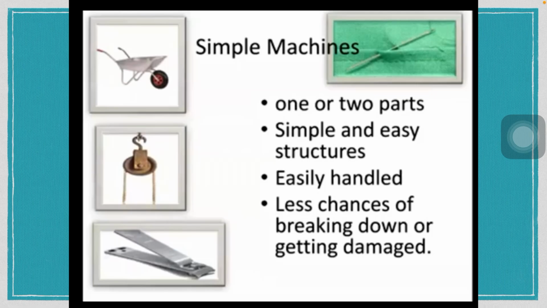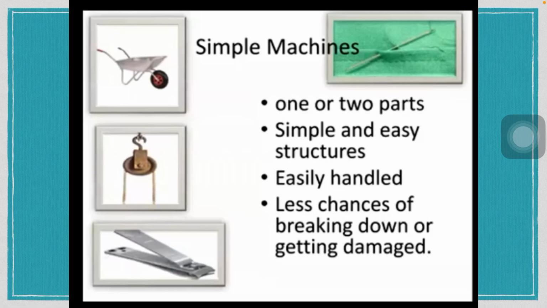Now students, as you can see, the nail cutter, the bottle opener, and the wheel used to push the load shown in the picture are all machines. They have only one or two parts and a simple and easy structure. Such machines are called simple machines.